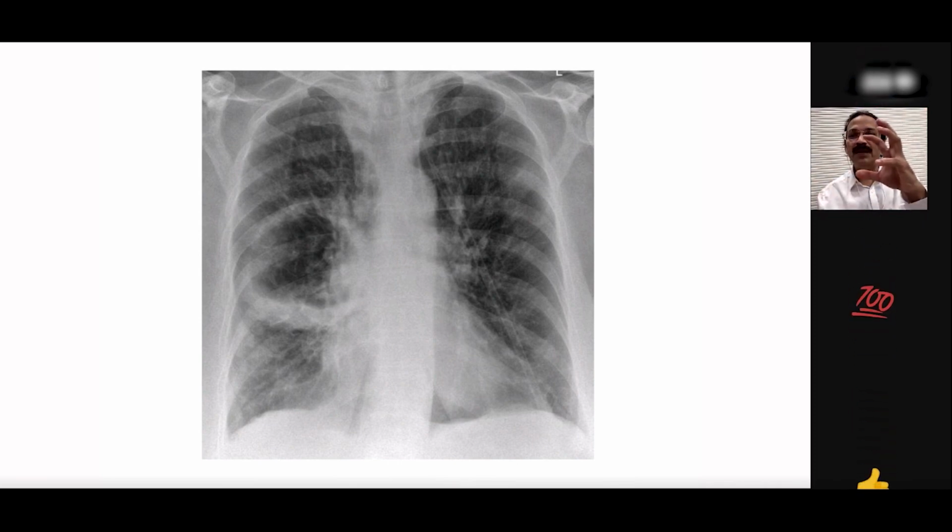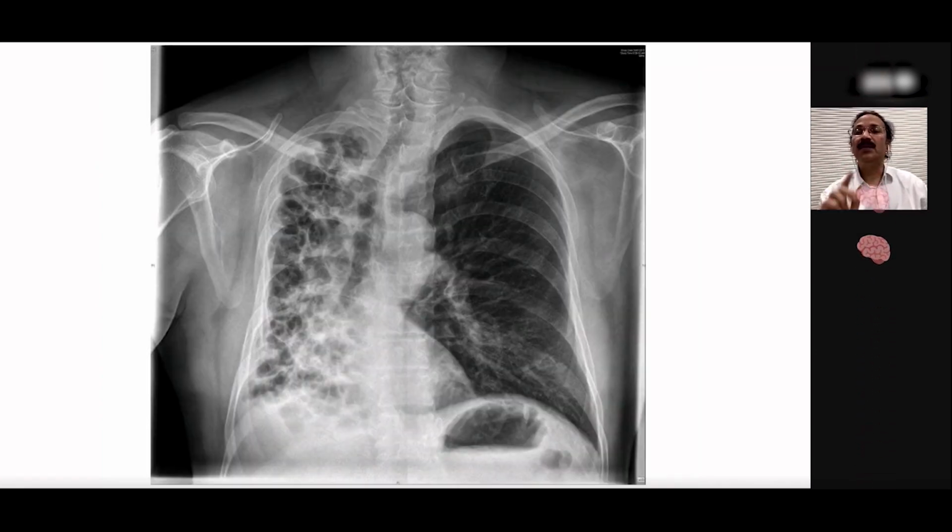So it becomes like a paper which is crumpled and forms multiple small cysts. Not cavities, but multiple small cysts. Now this is a sequelae of a pneumonia, and this sequelae takes almost months to years to happen. Okay, months to years. And this sequelae is called bronchiectasis.